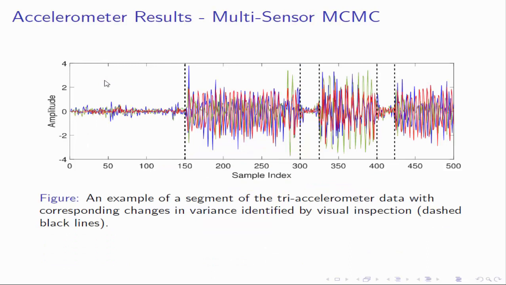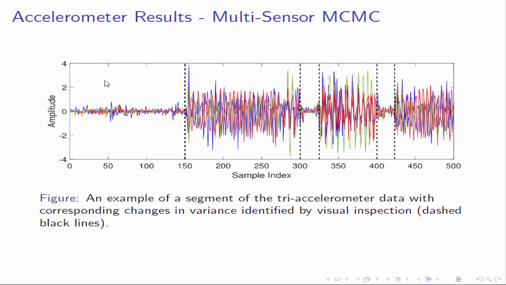Now, the accelerometer data we analyze we obtained from the UCI data repository, and it consists of a subject brushing their teeth with an accelerometer strapped to their wrist. And here we have a particular realization, and you can see that after high-pass filtering, or first differencing, which is effectively high-pass filtering, we have distinct segments where all three axes of the accelerometer approximately have the same variation in activity.